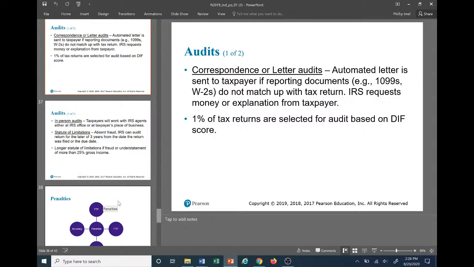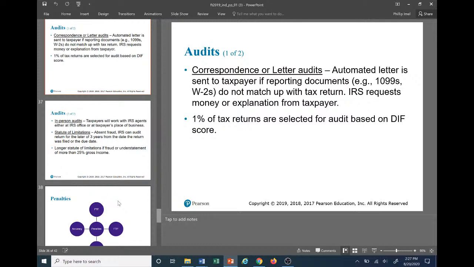First thing, correspondence or letter audits. With the use of computer analysis and professional judgment, taxpayer returns are going to be selected for additional correspondence, office audit, or field audit. Mathematical errors and certain matching problems, for example, the amount of interest on Form 1099 received by the IRS may not match the amount of interest reported by the taxpayer.